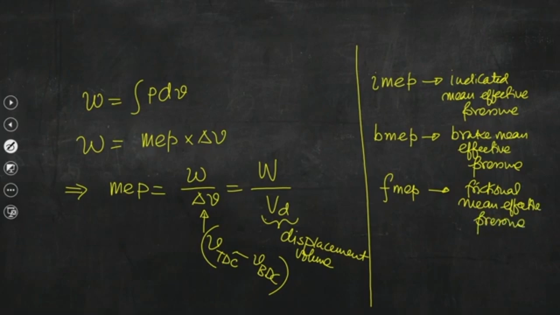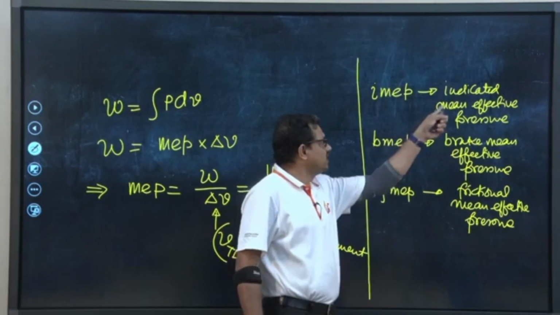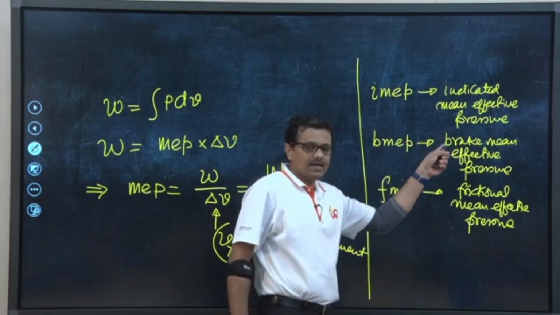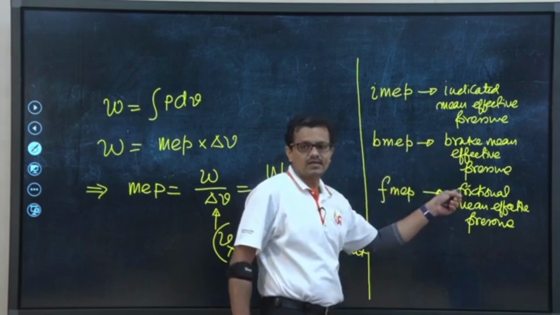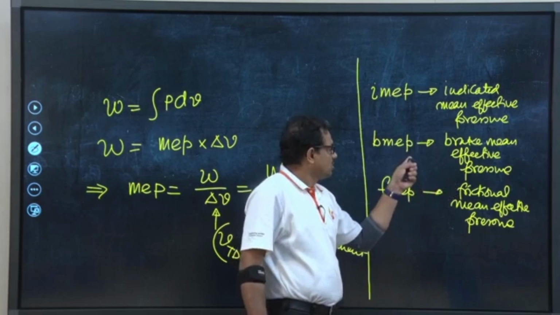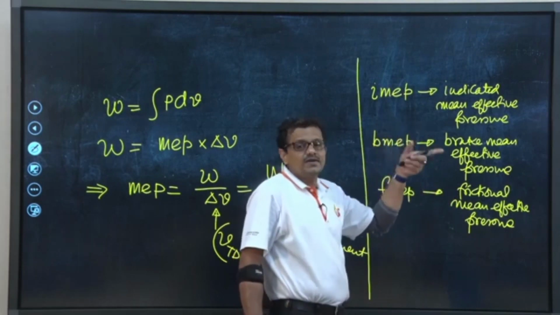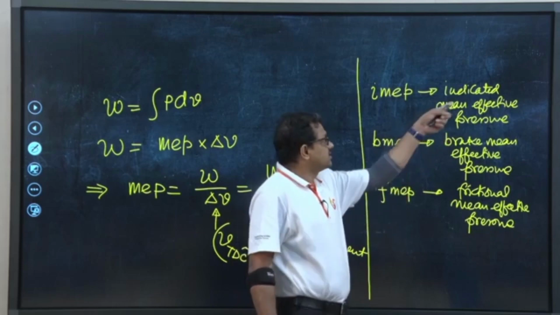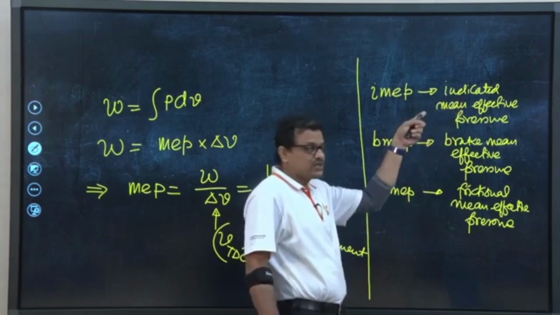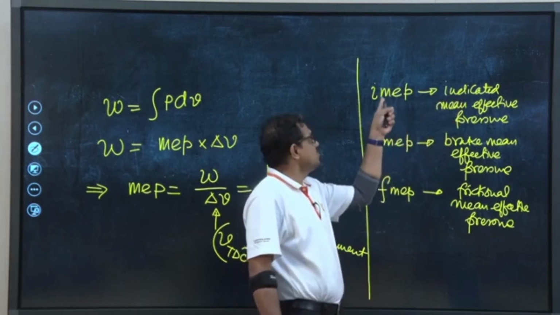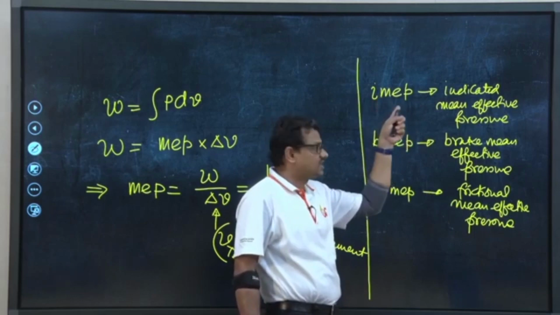Okay. Why all these terms? See, we have added one prefix: I for indicated, B for brake, F for frictional. So, we are trying to introduce different works, that is indicated work which will correspond to indicated mean effective pressure.